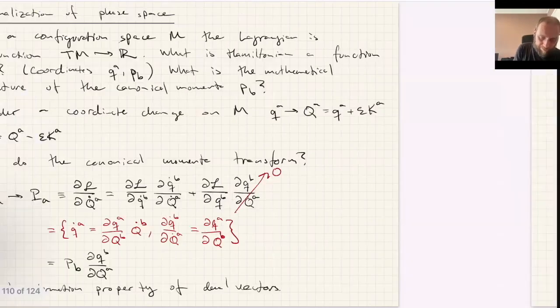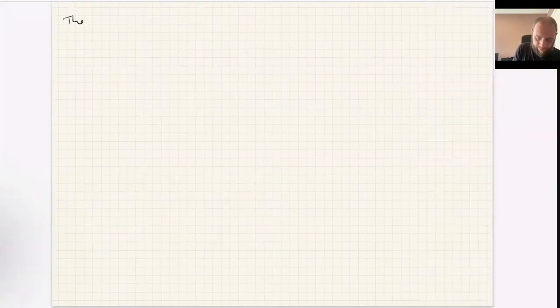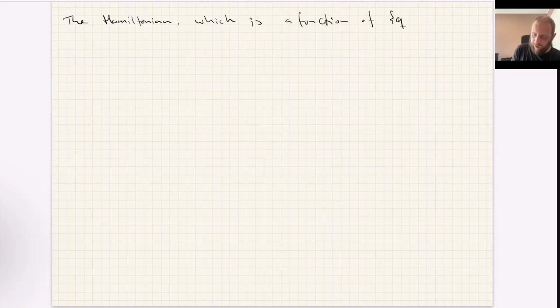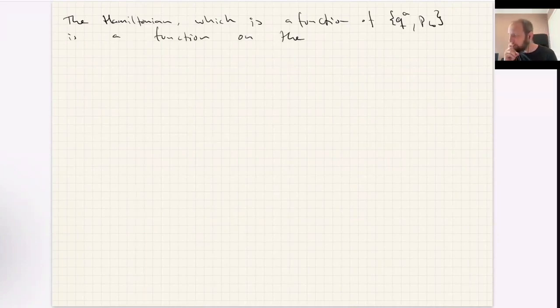So this means that the Hamiltonian, which is a function of the q's and the p's, is a function on the cotangent bundle.